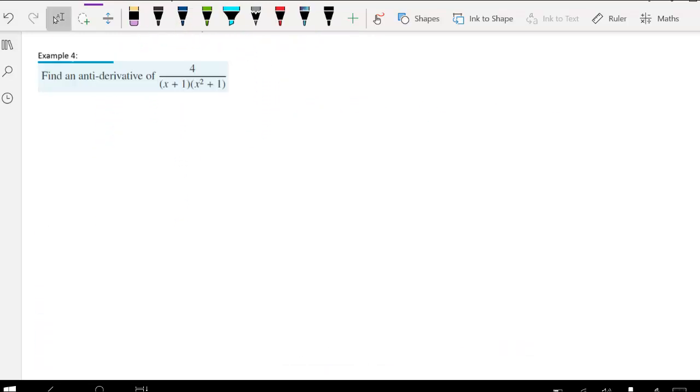So last scenario, we're looking at finding the antiderivative of 4 over x plus 1, x squared plus 1. Now x squared plus 1 is a sum of squares, and hence it has no further factorization.